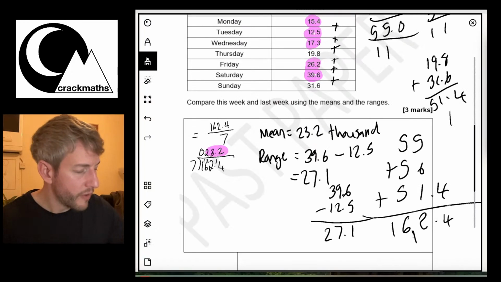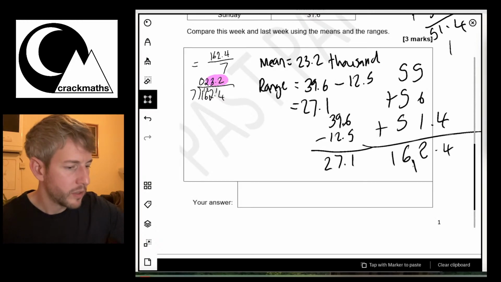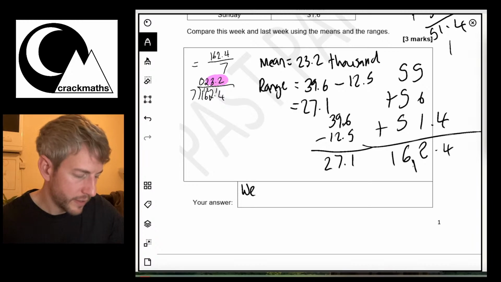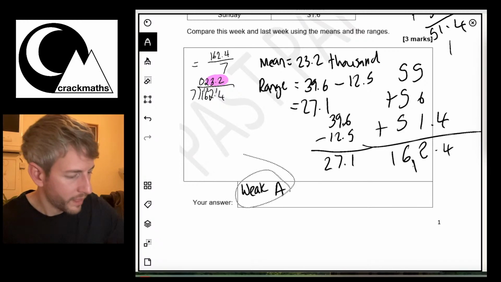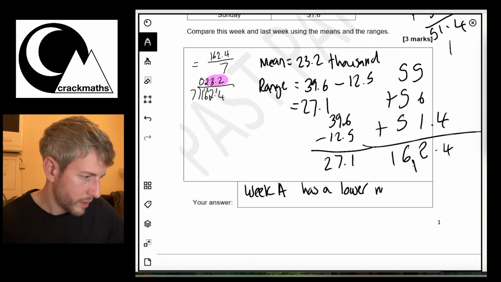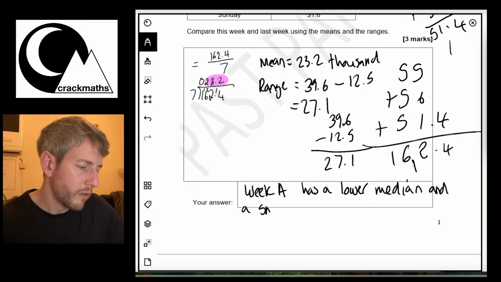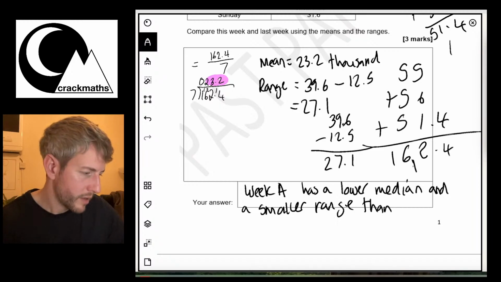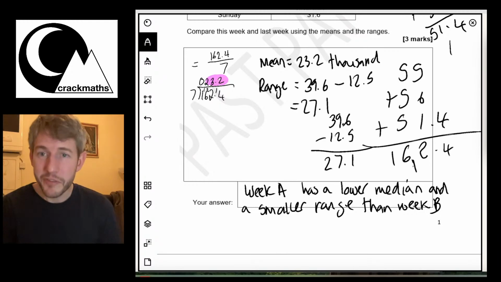Okay, so if I'm going to write an answer for this, I can see that week A has a lower median and a smaller range than week B. I wanted to do that because that is the comparison.